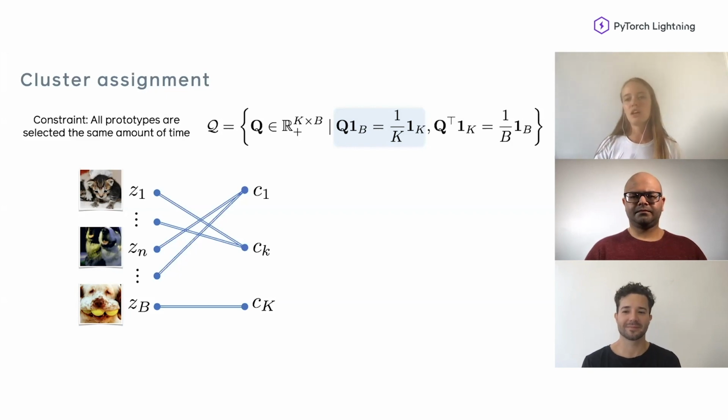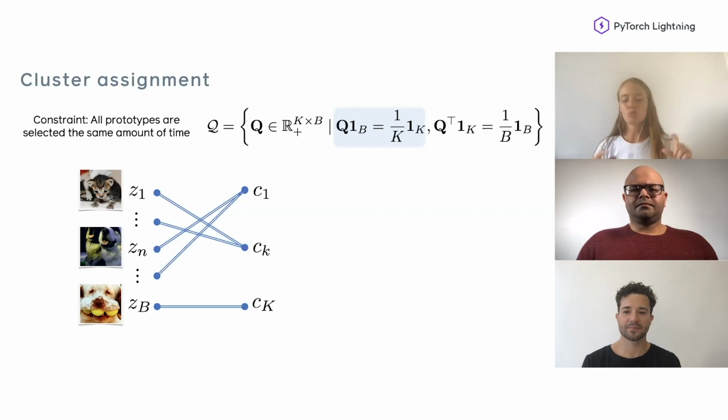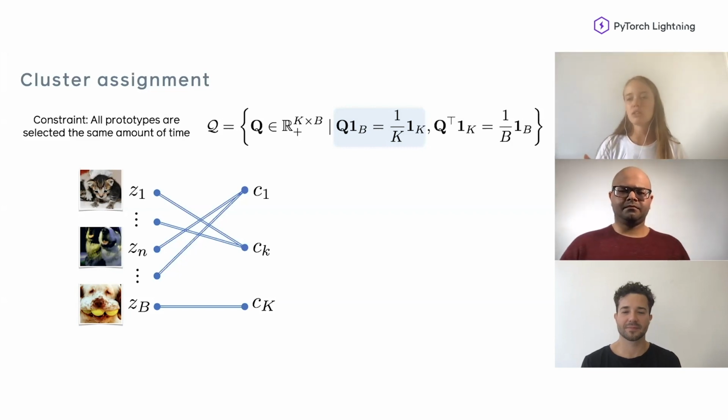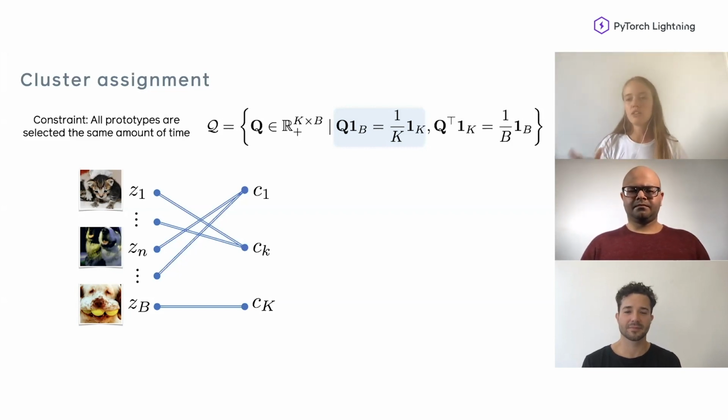So we thought instead of having the centroids, we can have prototype vectors that are learned with SGD. And then the cluster assignment, when you do it with K-means, you just take the closest centroid. But here we found that if we do that naively, then the problem collapses. And so we had to find a solution to prevent the collapse.